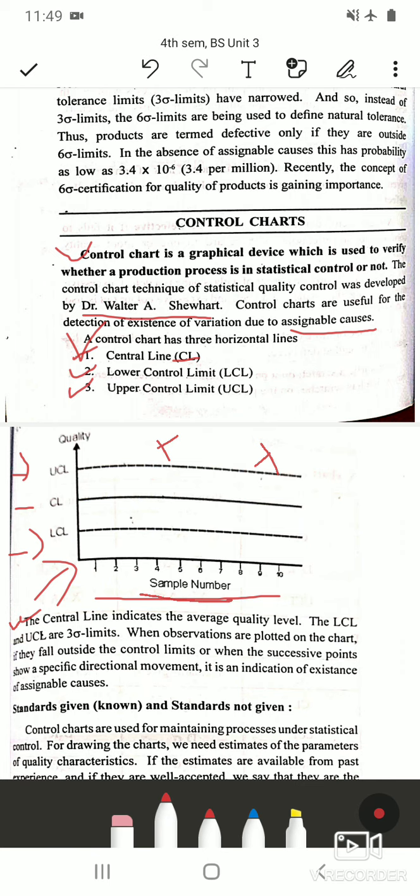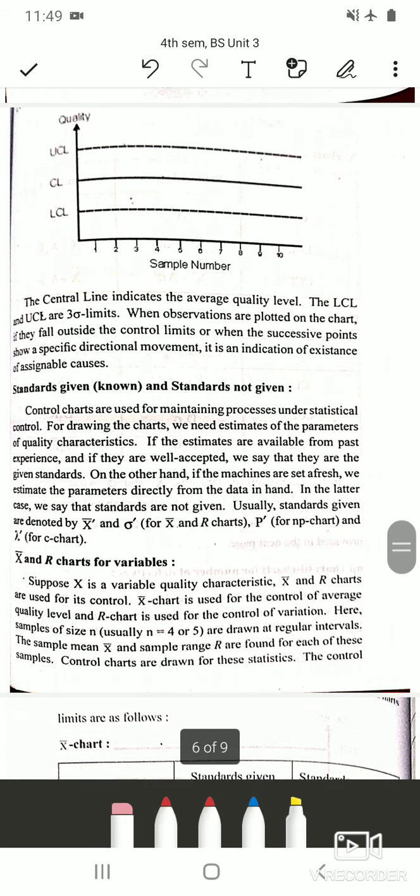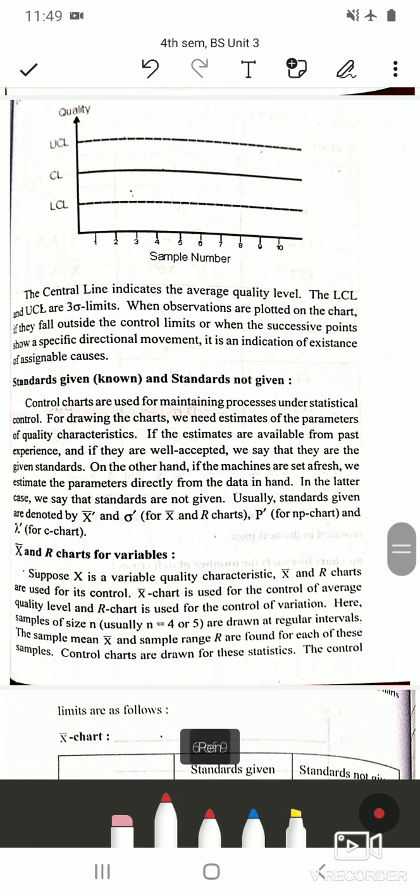So you have to go back to the process and check where the mistakes are taking place. Or else, if there is some specific movement, that is some upward movement or downward movement, then again you can say there are some assignable causes involved. You will understand this when we solve the problems.